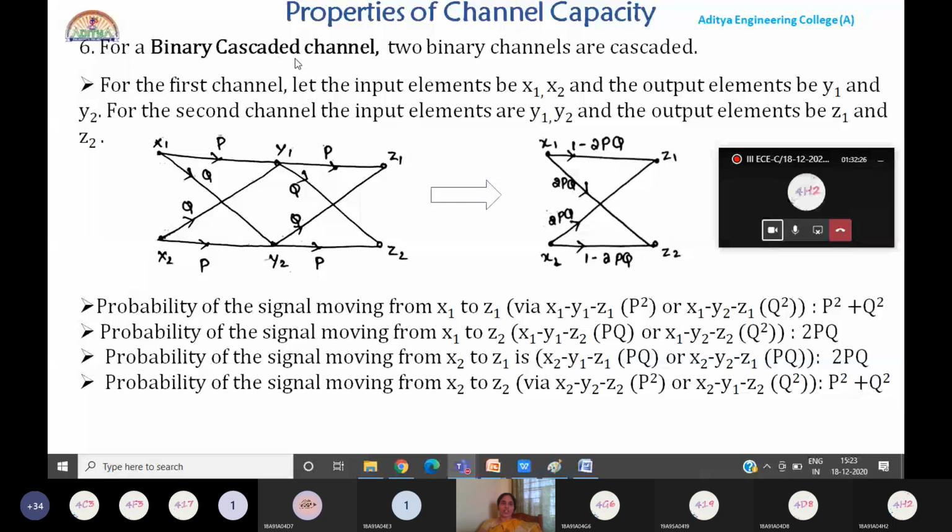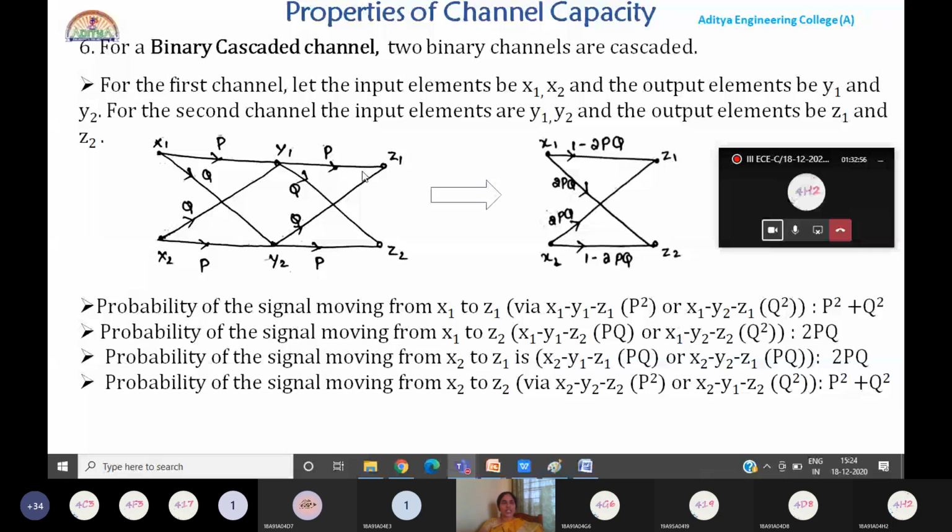Okay, sixth property is binary cascaded channel. Now, please listen carefully. This is very, very important, and you will get some model problems using this kind of binary cascaded channel. Cascaded means the output of the first channel is fed as input to the second channel. Cascaded, what does it mean actually? The output of first channel is applied as input to the second channel.